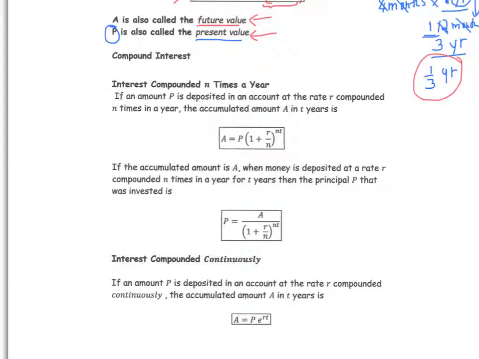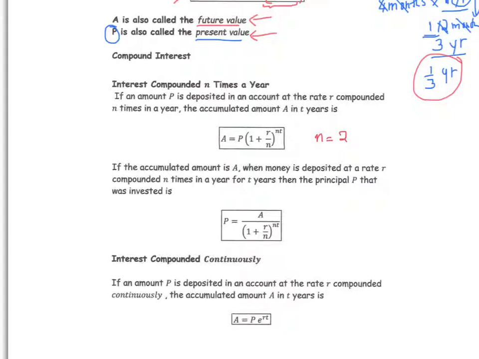Now, sometimes compounding can happen more than once a year. A lot of times that can happen. So suppose I say n is equal to 2. What does that mean? So instead of calculating the interest at the end of the first year, the end of the second year, the end of the third year, we'll be calculating interest every 6 months.